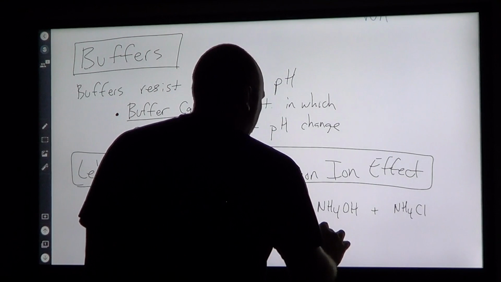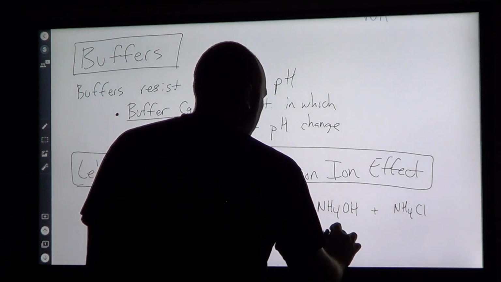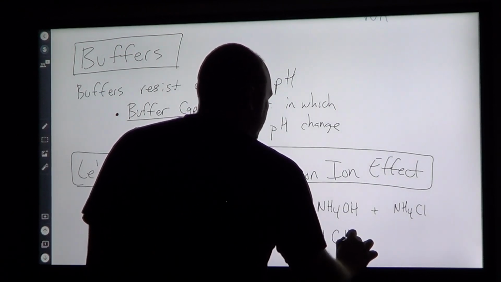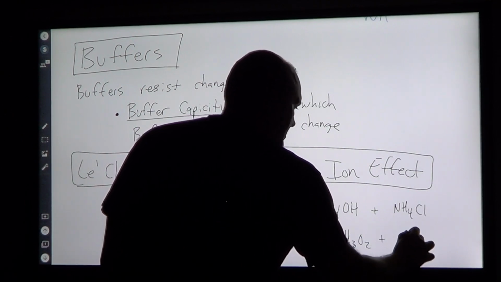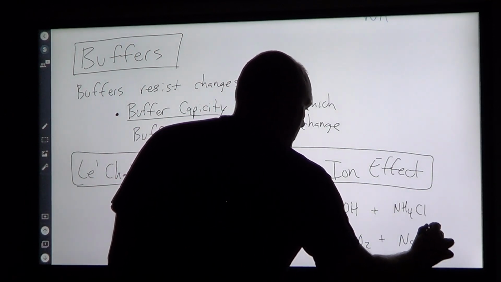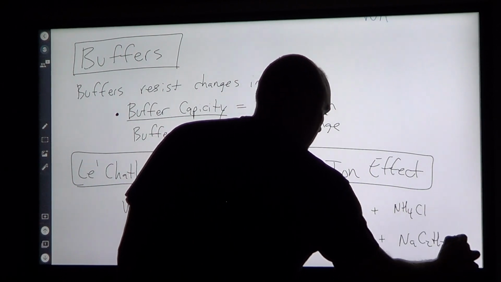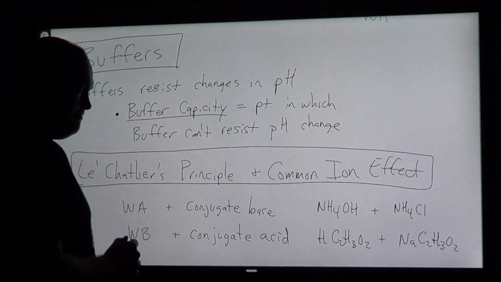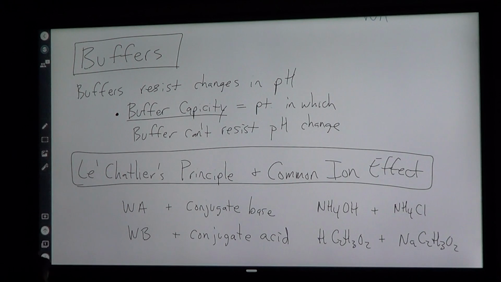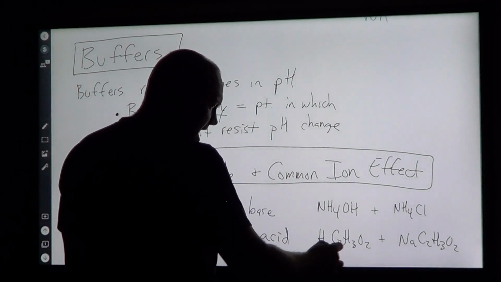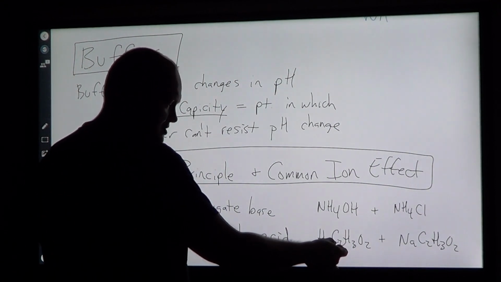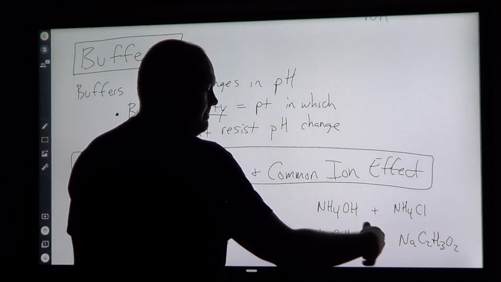Another one would be acetic acid, which you guys call vinegar, and sodium acetate. Okay? Again, this will react with the acid or the base to produce more salt, to keep the pH steady.